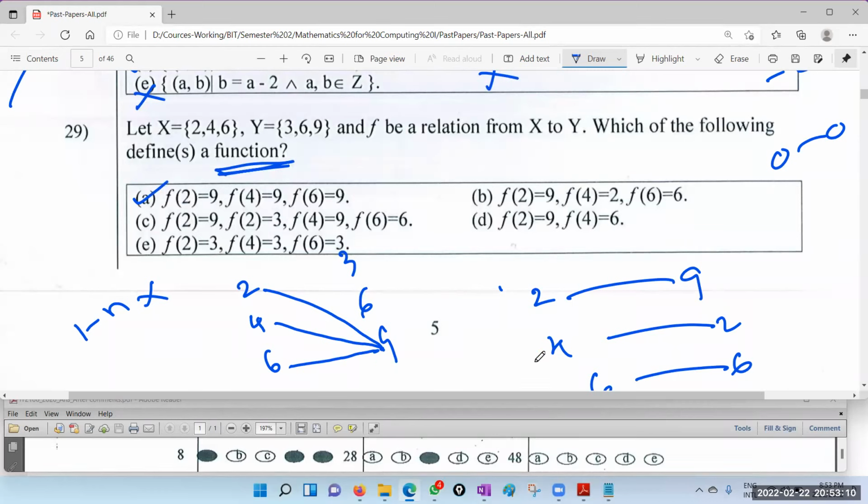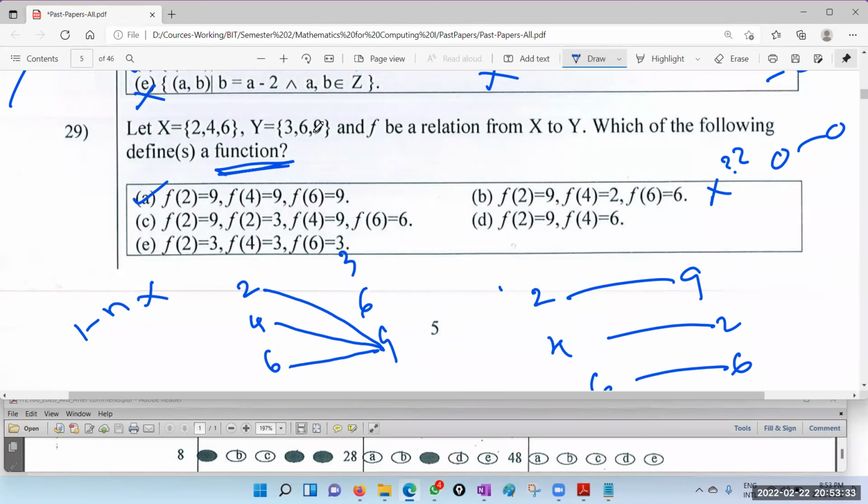So that means this 4 is not mapped to a value in the range. It's something like an orphan value now, because 2 is not in the range. So it's debatable, but I will say no, because your 4 is not mapped to a value in the range.